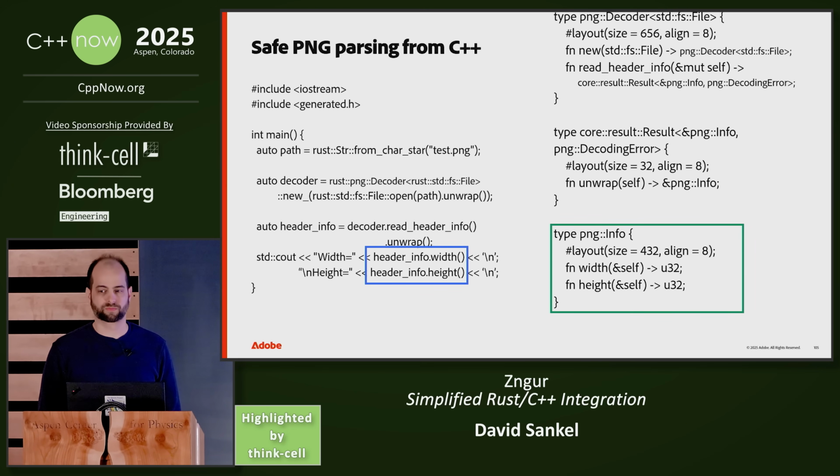How you get that going in the build system and everything, I don't know. But just looking at the Zngur docs, it's like that layout is tied to the compiler version you're using on Rust and the platform you're executing on with your C++ code. And it's hard-coded.